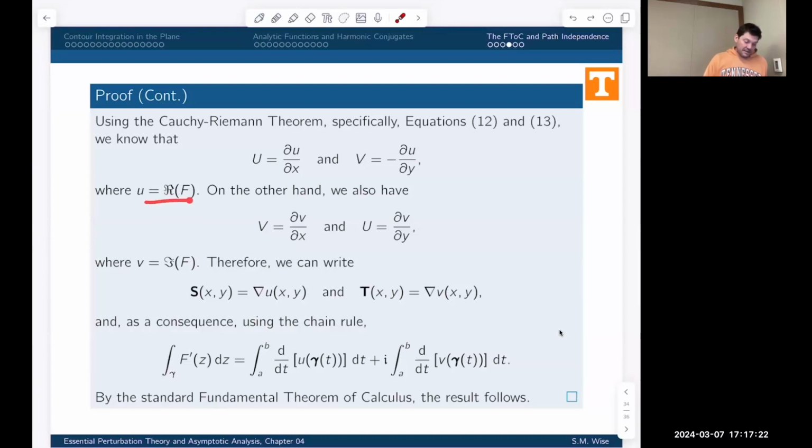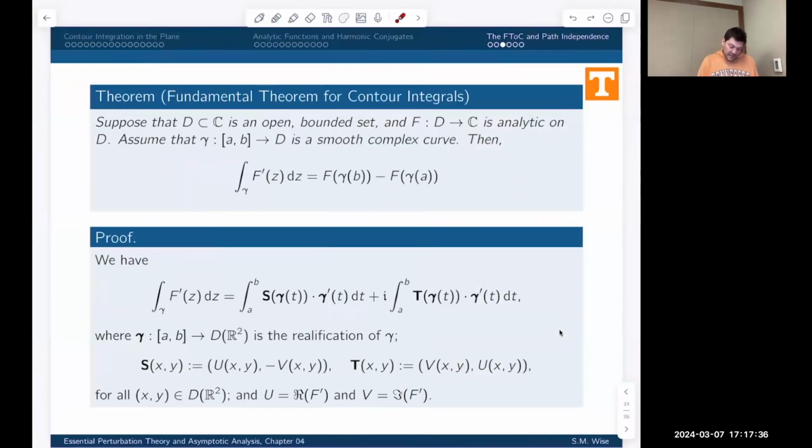Where little u is the real part of f and little v is the imaginary part of f, and v is equal to dv dx and u is equal to dv dy, okay? That's because of these relations here. I said capital U was the real part of f prime.